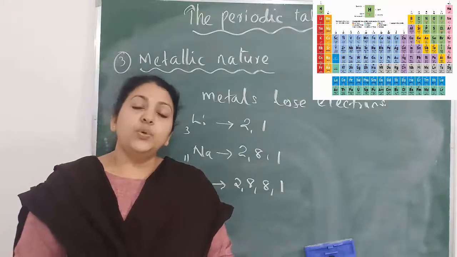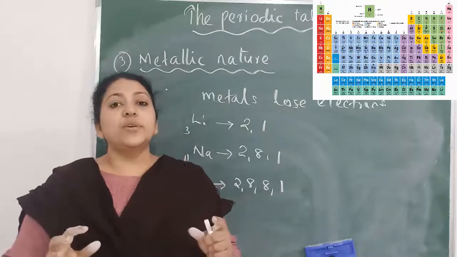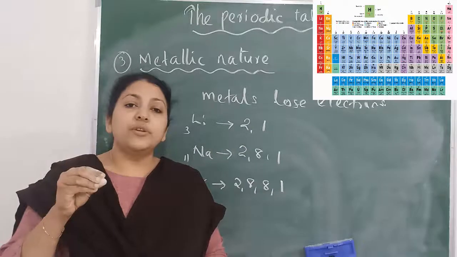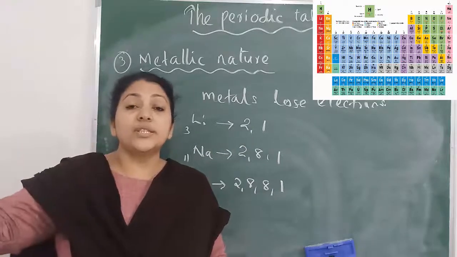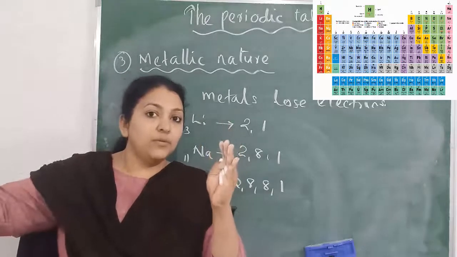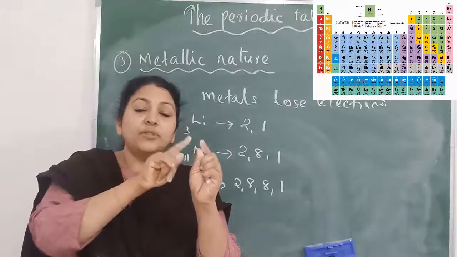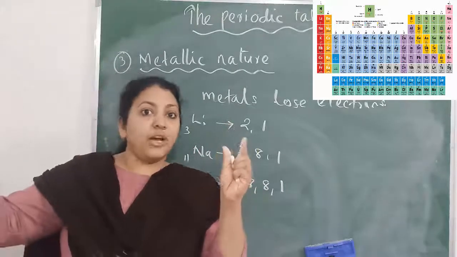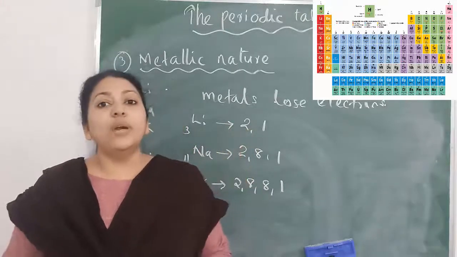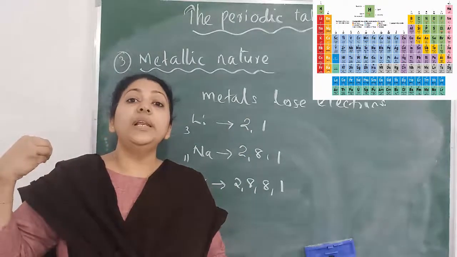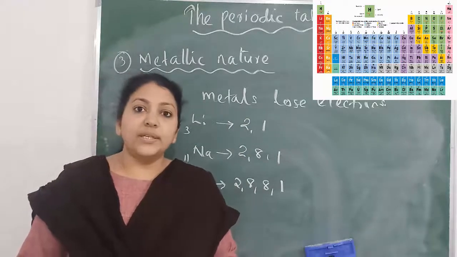Okay. Now, is there any connection between the tendency to lose electrons and atomic size? Yes, there is. When the size of the atom gets bigger, the force of attraction from the nucleus to the last shell will decrease. As the size of the atom gets bigger, what will happen to the force of attraction from the nucleus to the outermost electron? It will decrease because it is far away, isn't it? So the tendency to lose electrons also will increase. Are you getting?